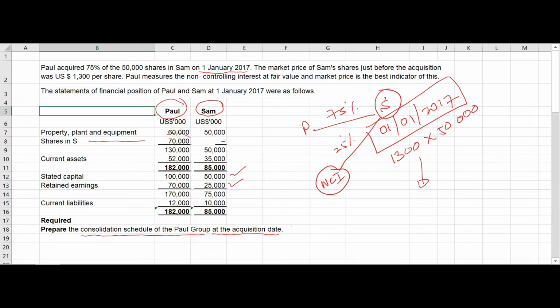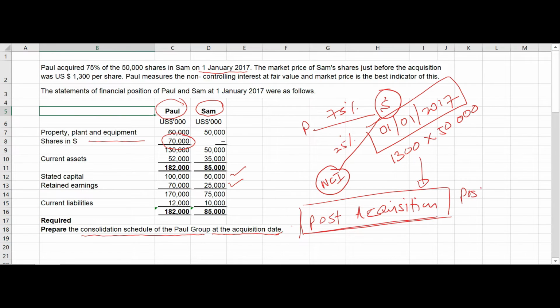Based on this, you need to prepare the consolidated schedule at the acquisition date. You are not given any post acquisition transactions, so this is a very simple calculation. If the post acquisition information were given, then we would need to incorporate the post acquisition profit as well. In this question, we don't need to deal with the post profits. So straight away we prepare the consolidated schedule.